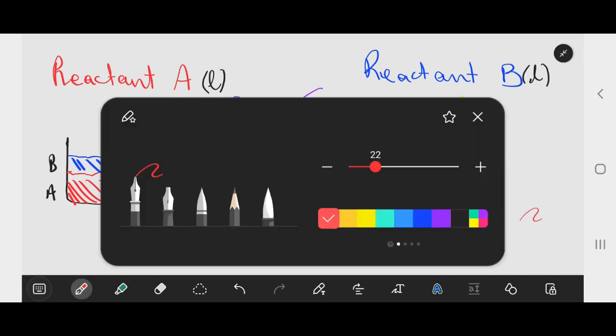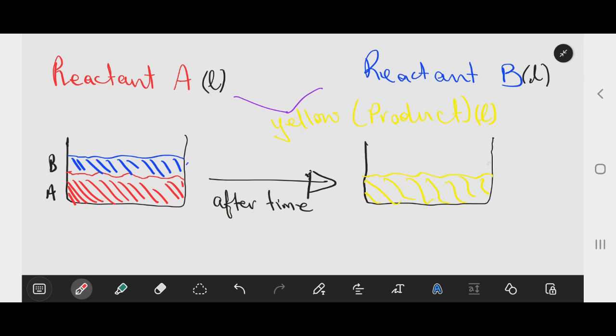But you also find that there is some of the orange liquid that did not react, right? So some of the orange liquid reacted, but after some time, when the reaction is complete, you find that there is still some of the orange reactant that has not reacted, right?